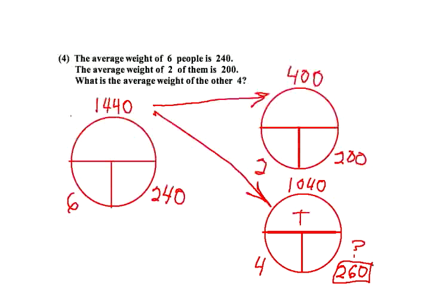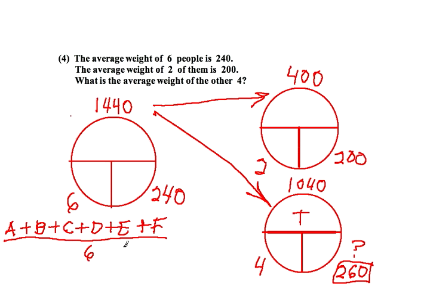If you wanted to set it up as an equation and to be a little more concrete about it, we could give them names. So let's say Al plus Bob plus Carol plus Don plus Ed plus Frank. If we average all those weights, it's 240.